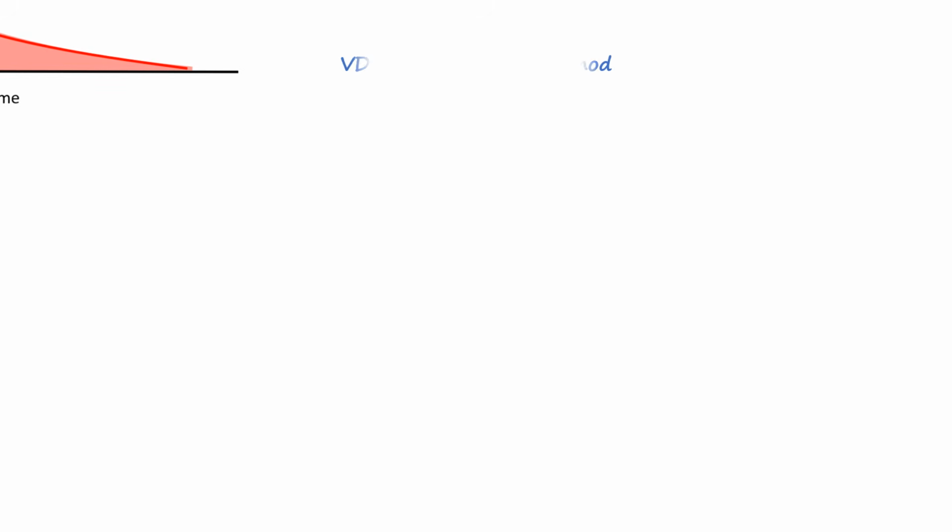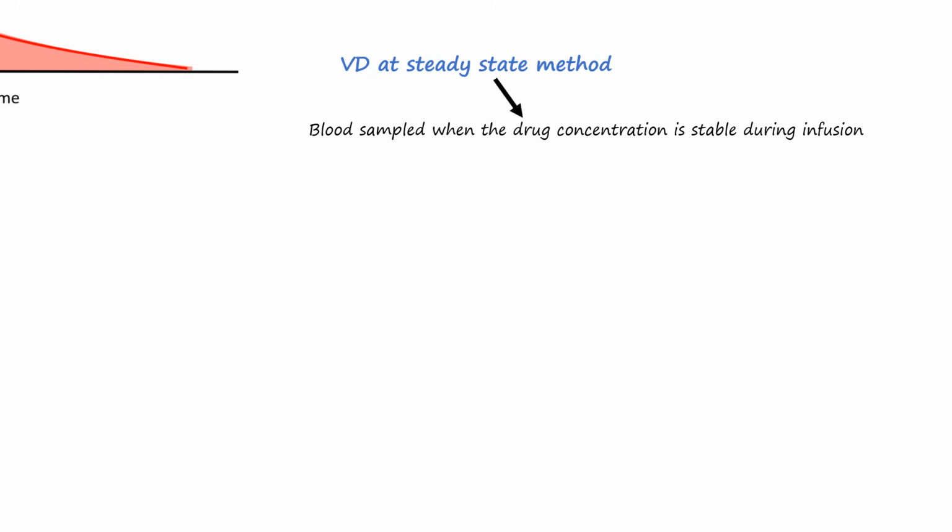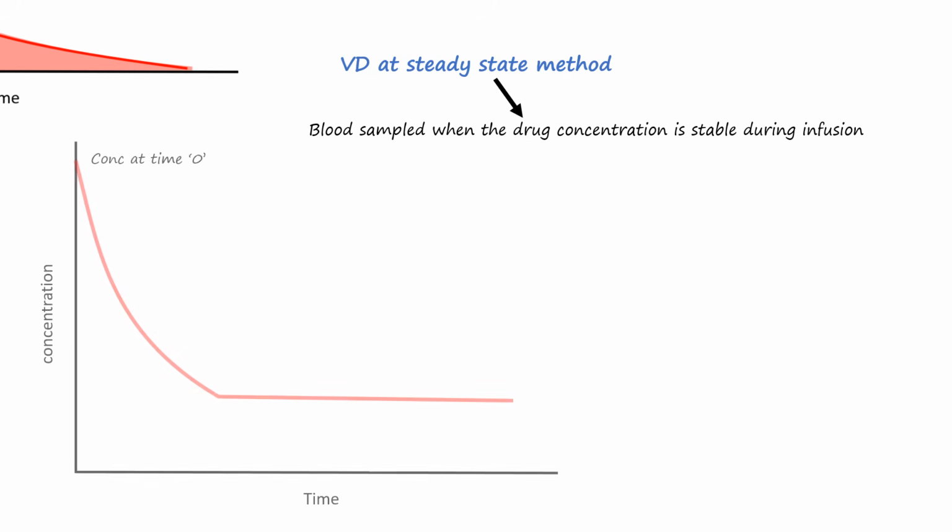The last method is used to estimate volume of distribution for drugs that are given as infusion. It is called steady state method. For drugs that are administered as infusion, we measure the concentration once the drug reaches a steady state in the body, meaning that the rate of drug administration equals the rate of elimination.